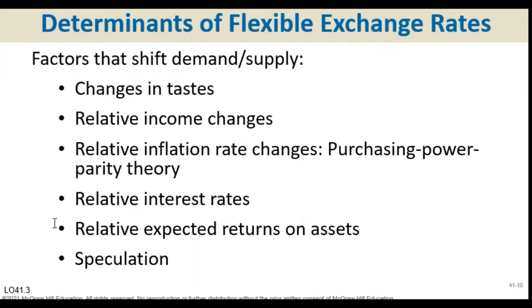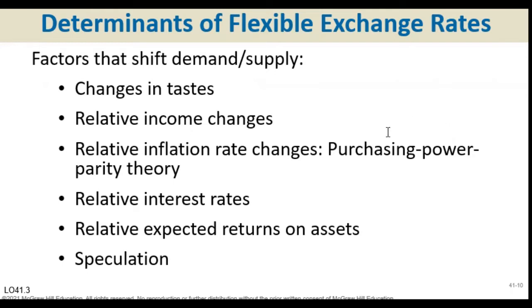The determinants of flexible exchange rates: there are many factors that can cause a nation's currency to appreciate or depreciate. The basic law of supply and demand applies. If the demand for a nation's currency increases, that currency will appreciate, and vice versa if the demand drops.